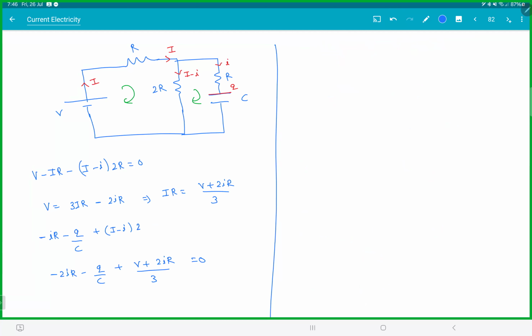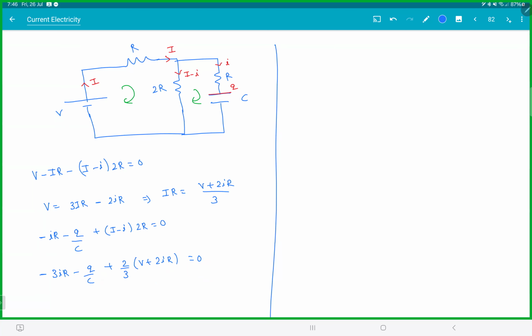This guy would be 2R. Then this guy would be minus 3IR minus Q by C plus 2iR. So that is 2 by 3 V plus 2iR. That's right. Yeah, right, Yasha. I goofed up that part.